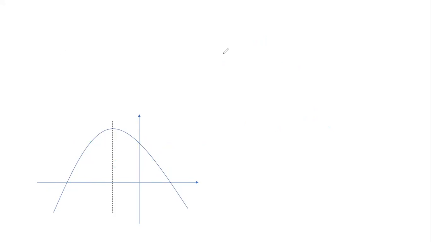The given equation is y equals negative 2x square minus 8x plus 12. It's the same as f(x).